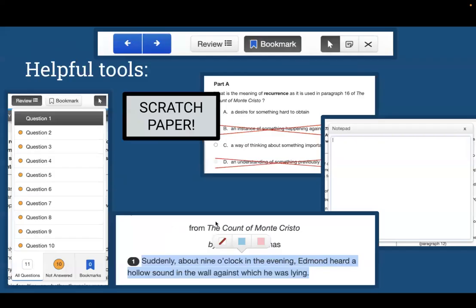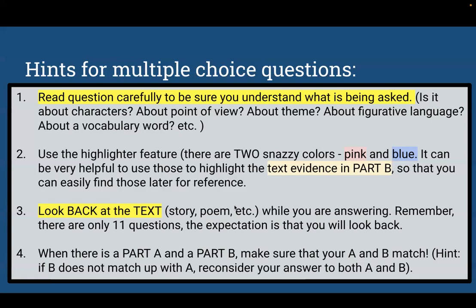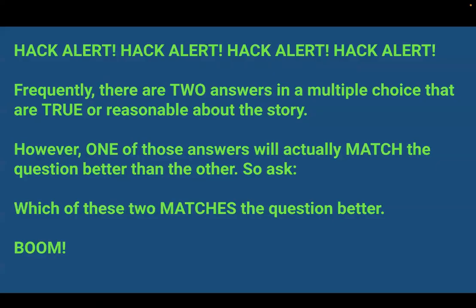When there's a part A and a B, make sure that your A and B match. Hint, if B does not match up with A, reconsider your answer to both A and B. Here's a hack alert. I think I told you about this yesterday. I might have told you in class that I found this. Frequently, there are two answers in a multiple choice that are true or reasonable. However, one of those answers will actually match the question better than the other.